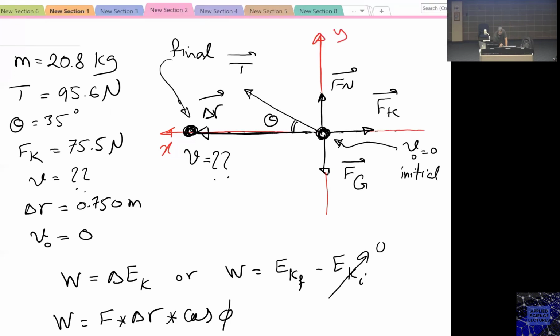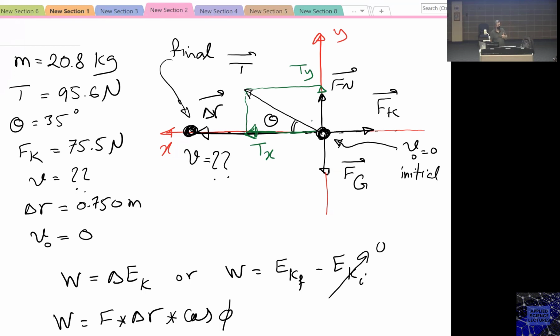So I will define those components. I have here Ty and Tx. Now, looking at the Tx, Ty, Fn, Fg, Fk, I can easily see that the forces that are responsible for the motion are the Tx and the Fk, right?